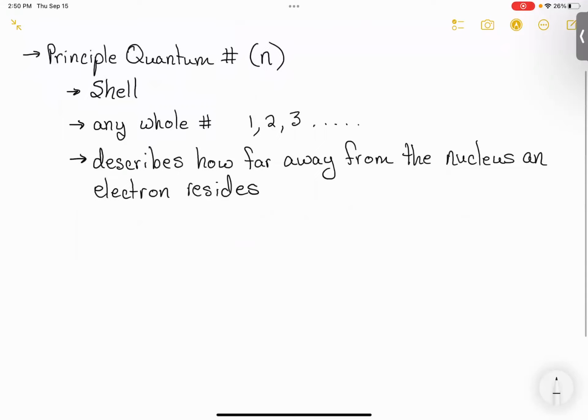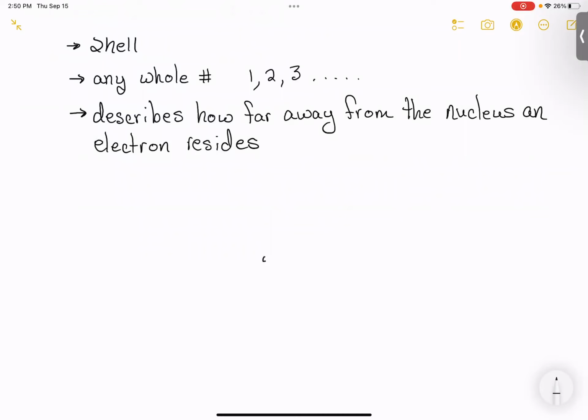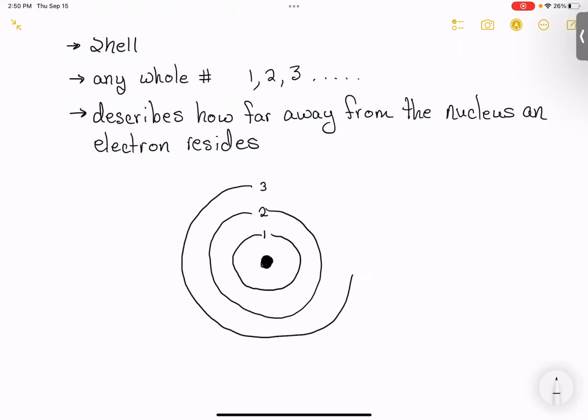For a hydrogen atom, you've actually already seen this, even though I did not number it. The orbit closest to the nucleus would have been considered shell number 1. The next one out is shell number 2. The next one out would be shell number 3, and I could keep going.